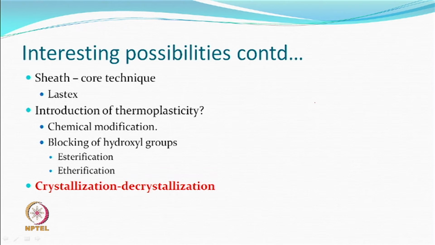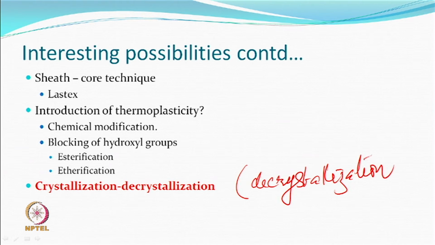Other methods were also tried, not really so successful, like cyanoethylation of cotton, which also could introduce thermoplasticity. Another process people tried worked on the principle of decrystallization and recrystallization.